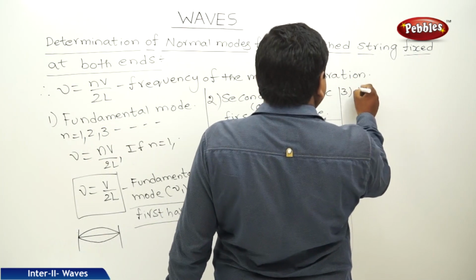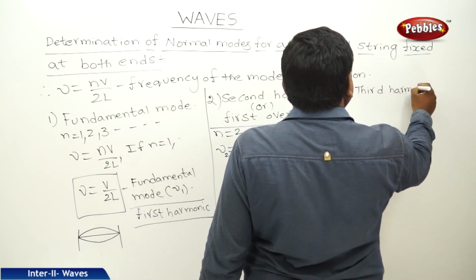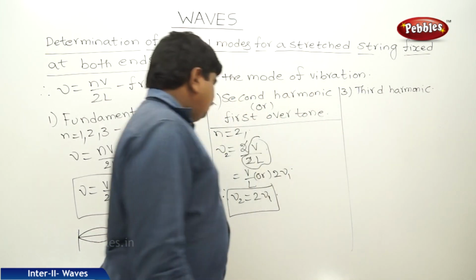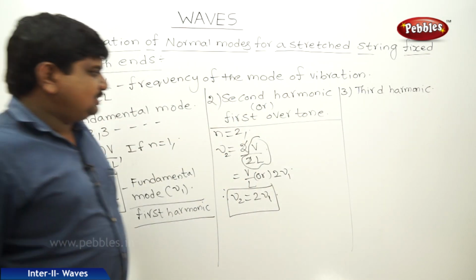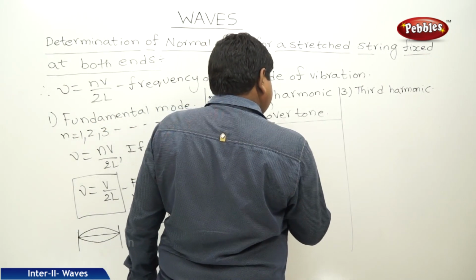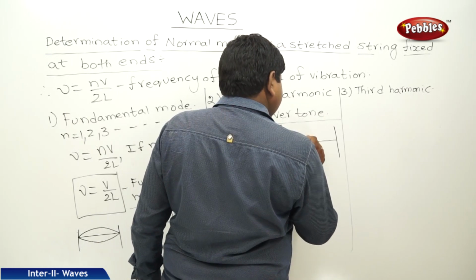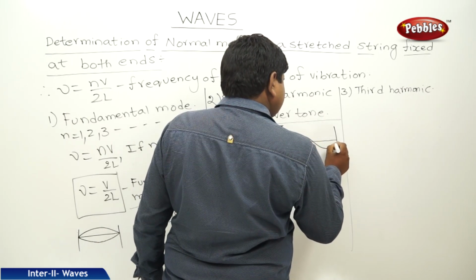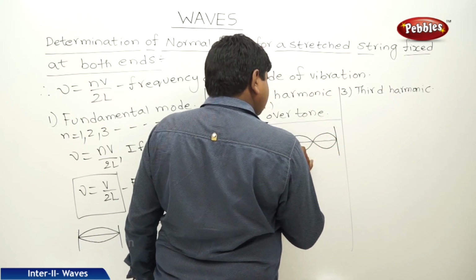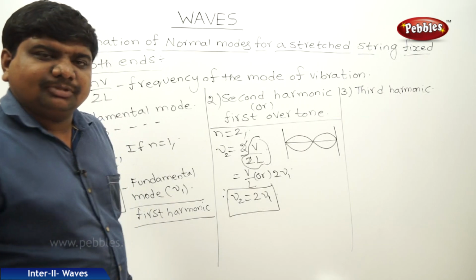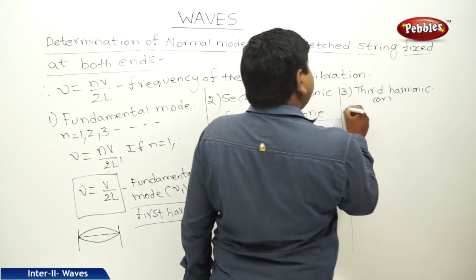Third one, third harmonic. So what is the picture of the second harmonic? The string will vibrate with 2 loops, like this. 2 loop formation. So third harmonic or second overtone.